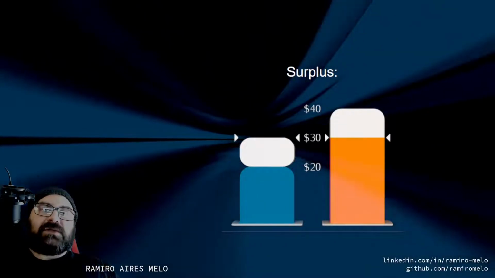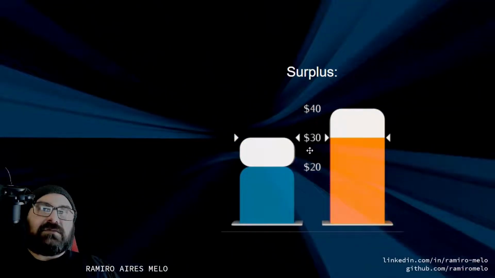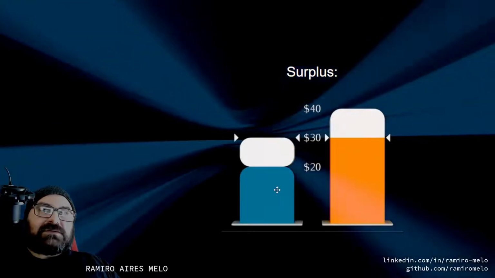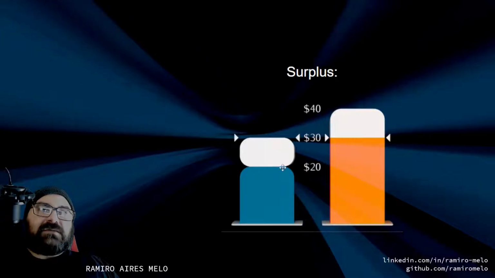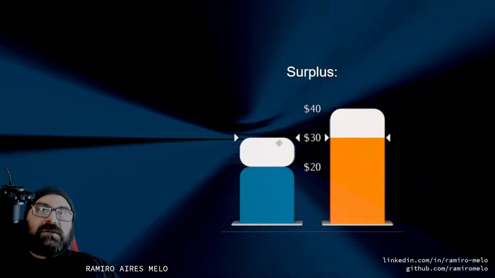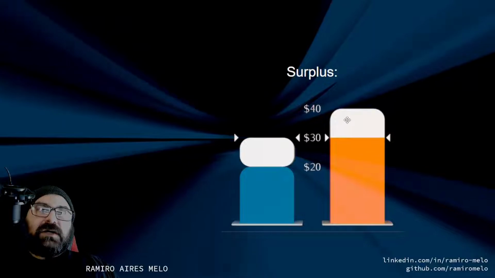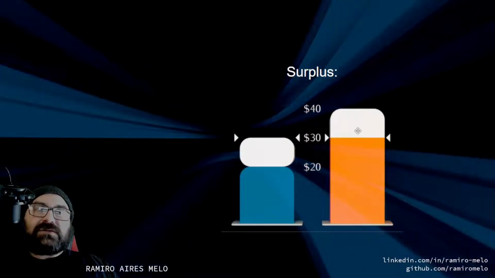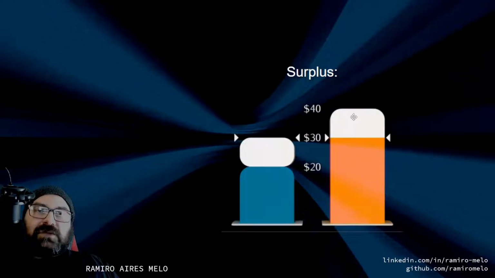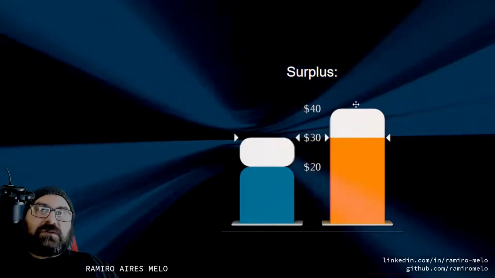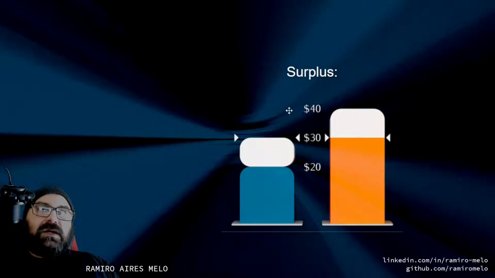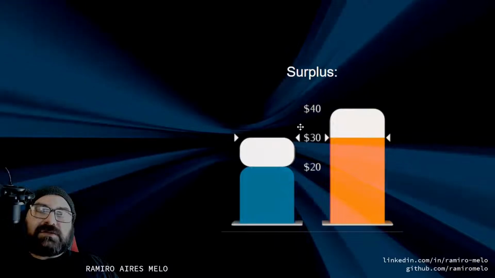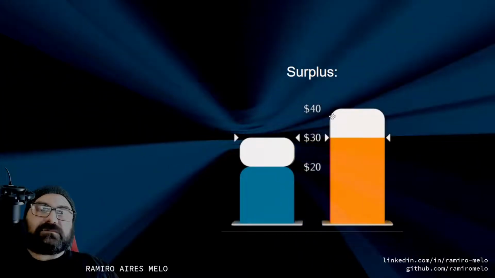Let's imagine that they made a deal of $30 for the product. That means that the seller made $10 more than he was willing to sell, and the buyer saved $10 of the price that he was willing to pay, okay? So it was a good deal for both of them. In microeconomics, we call this surplus. This concept is important because we're going to use it in our simulation.